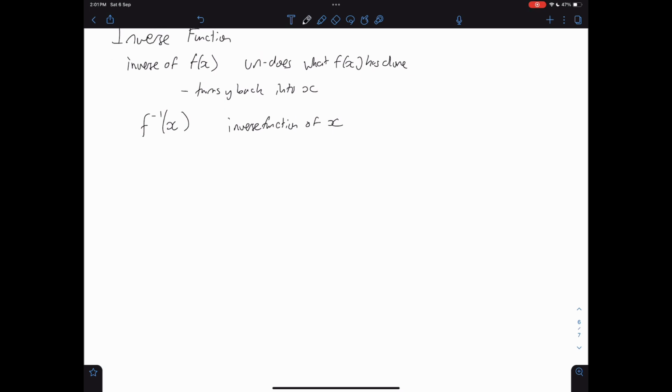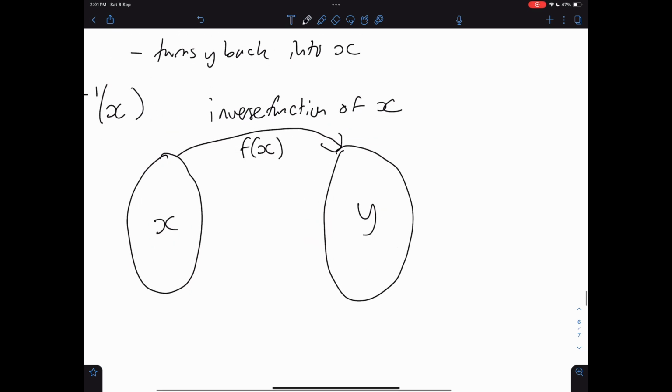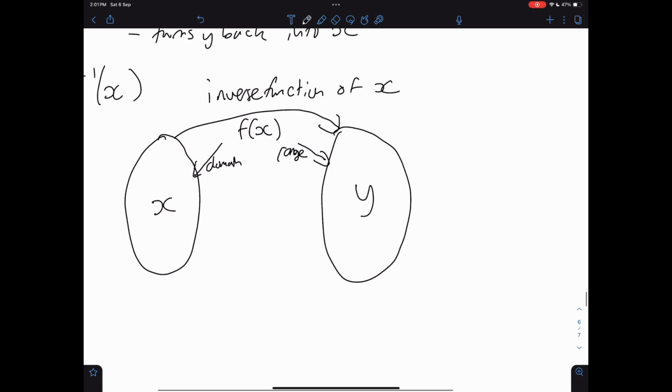Just a few basics before we get into the things you really need to know. If we had x to y, and this is how we go with our f of x, we call this our domain, and this our range. And then when we put f inverse of x here, because this is a function, this becomes the domain, and this becomes the range.